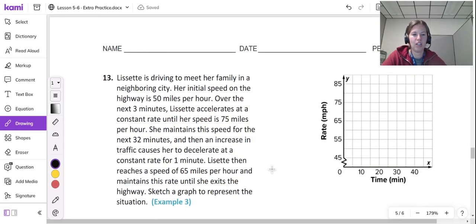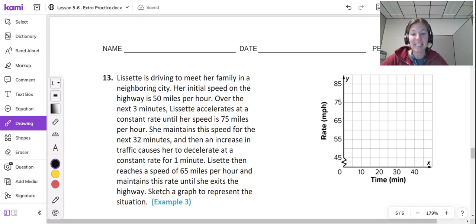And then let's take a look at these. These have numbers on them, so our graphs are going to be a little more specific. Lisette is driving to meet her family in a neighboring city. Her initial speed on the highway is 50 miles per hour. Over the next 3 minutes, Lisette accelerates at a constant rate until her speed is 75 miles per hour.